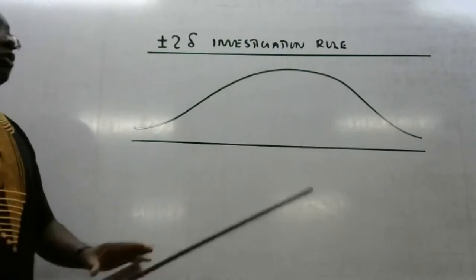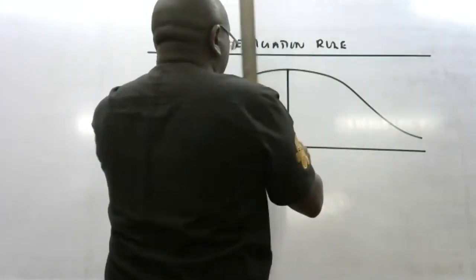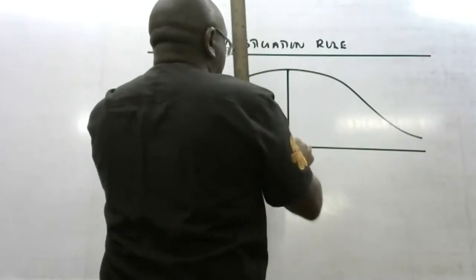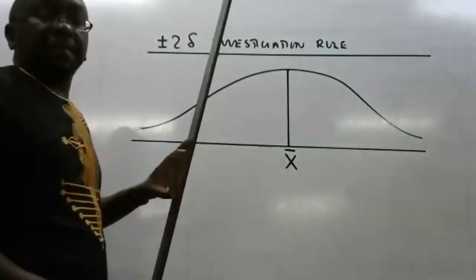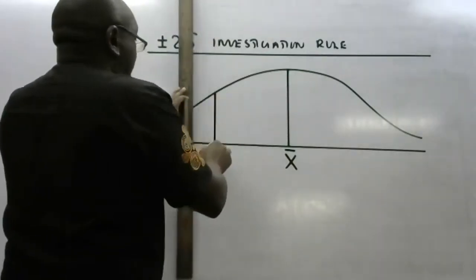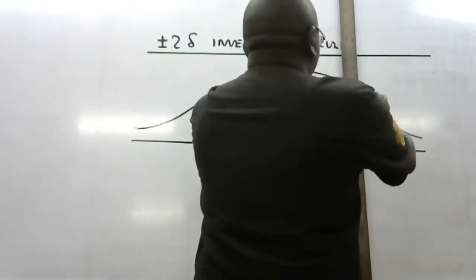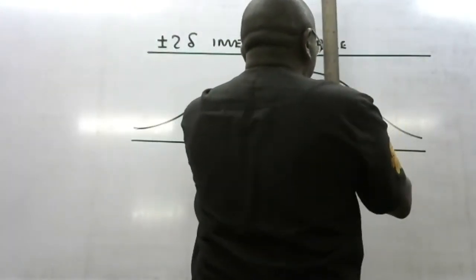Then from what we have learned, we have the mean here. Then we have x1 here, which will be our lower limit, and x2 here, which will be the upper limit.